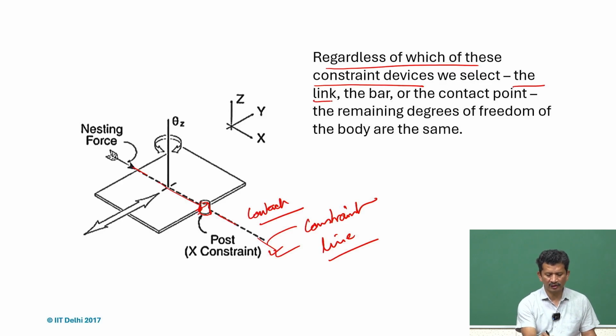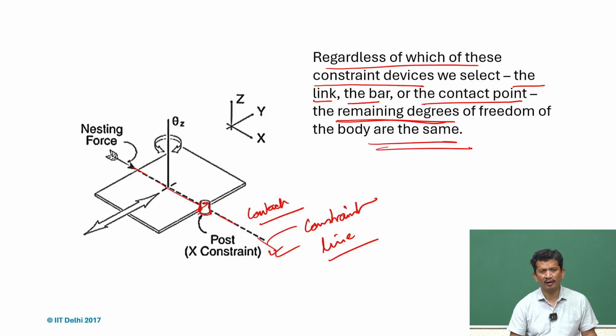It can be through a link, through a bar, or through a contact point. Regardless of whatever means we use, the remaining degrees of freedom are the same, they are not going to change.